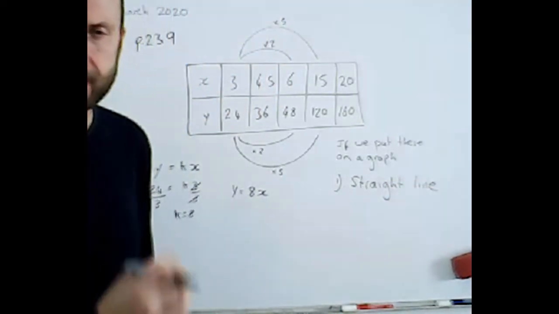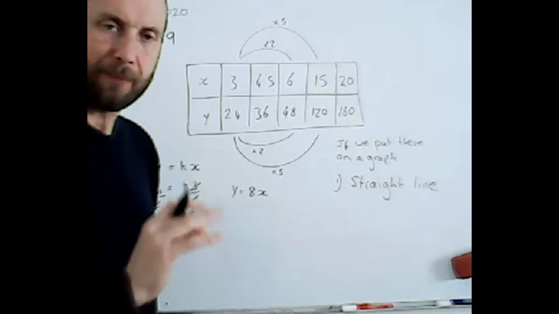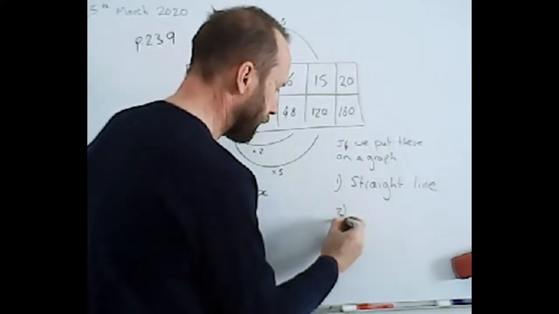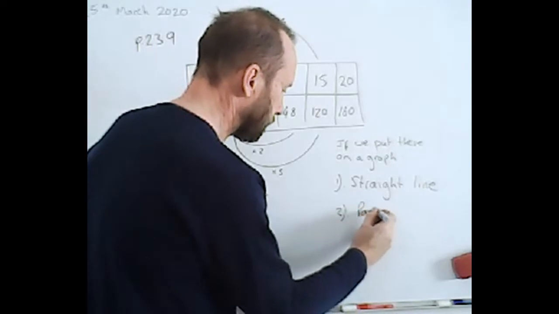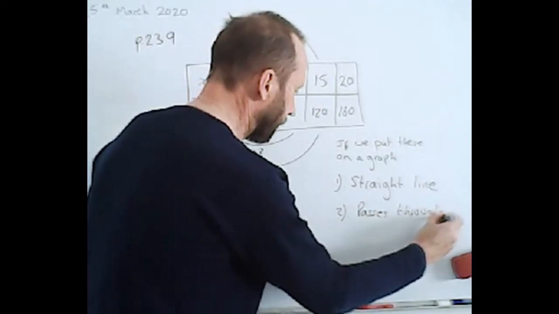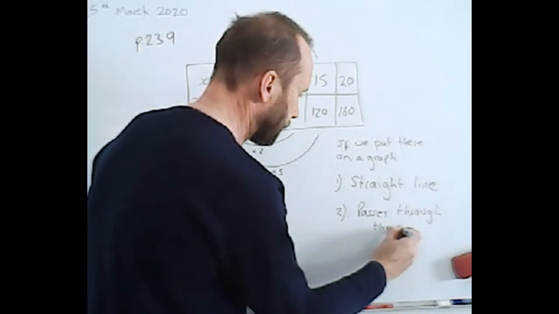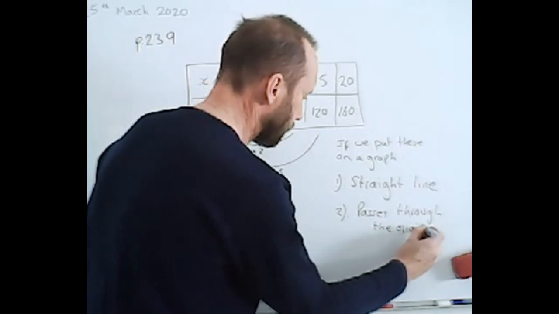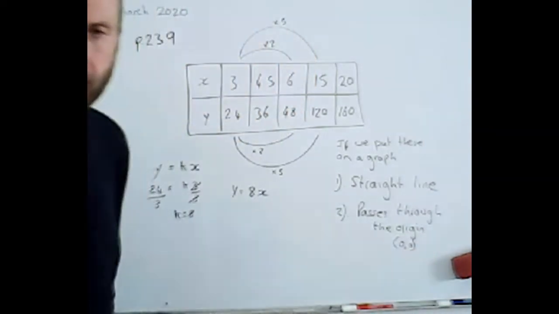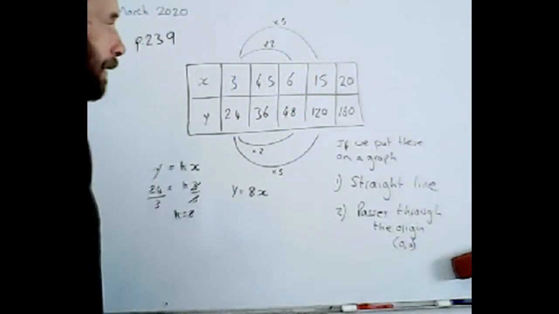The first thing is, if we put the points onto the graph and join them together, we have a straight line. And the second one is that it passes through the origin. The origin, we know, is 0, 0 on the graph. Okay? So that's it really.